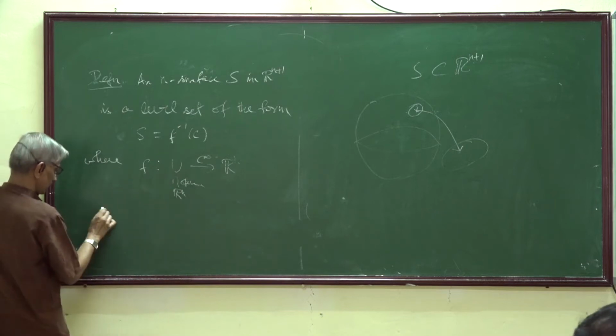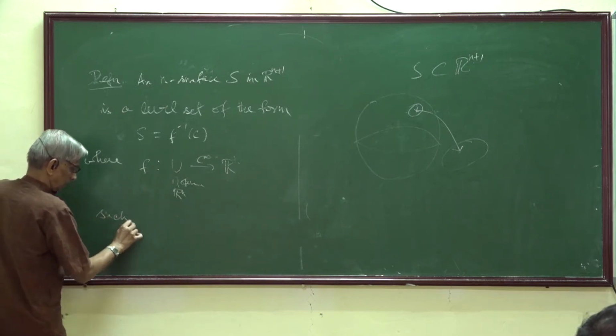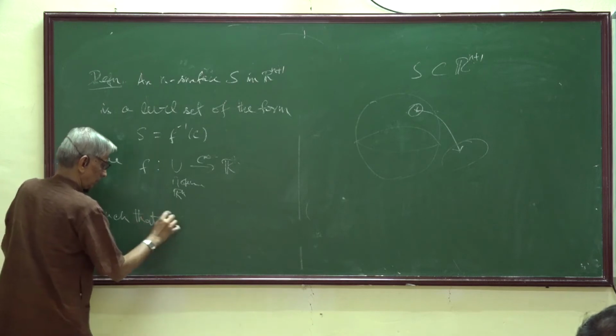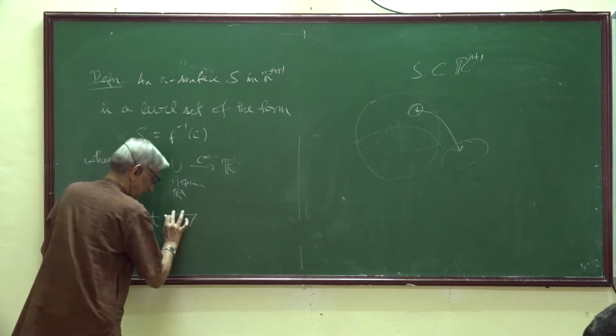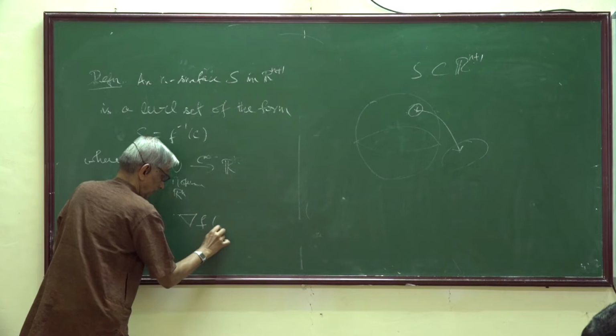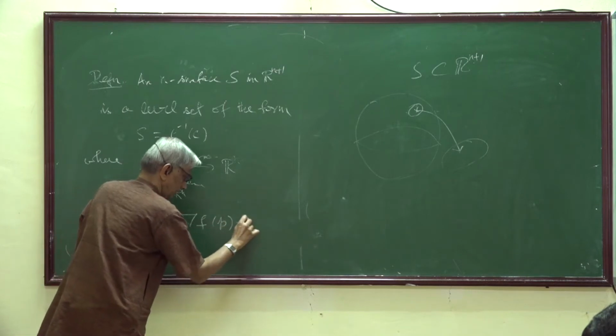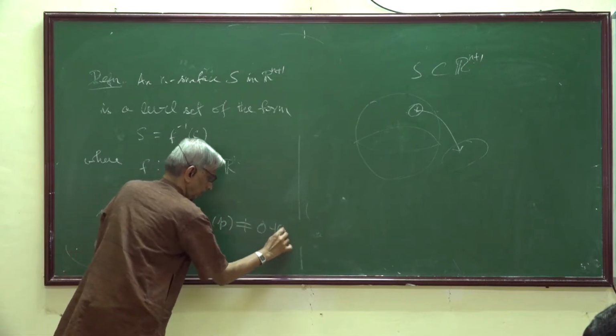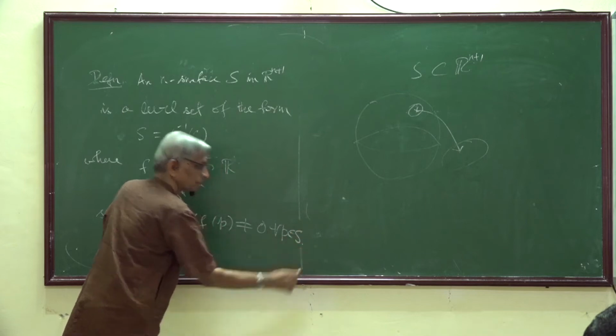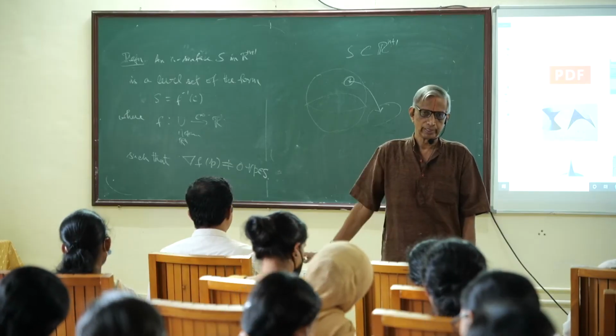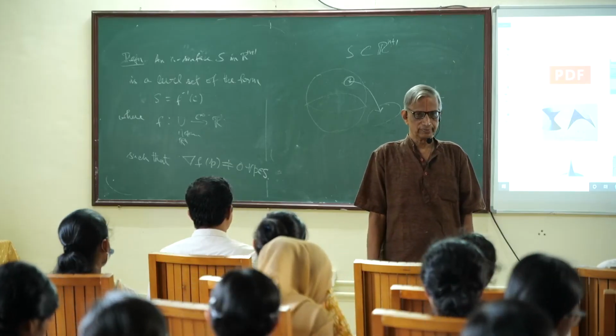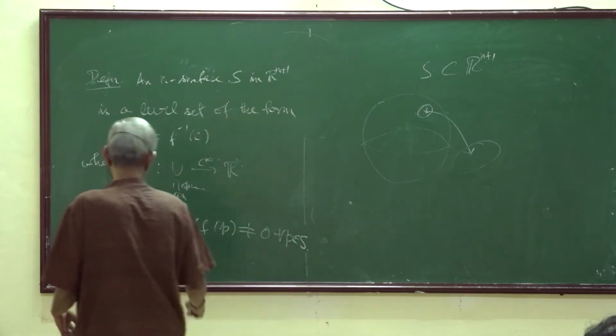So f is a smooth function such that the gradient is non-zero at every point of S. This just means that at least one of the partial derivatives is non-zero at each point of the surface. This is what is called the regularity condition.